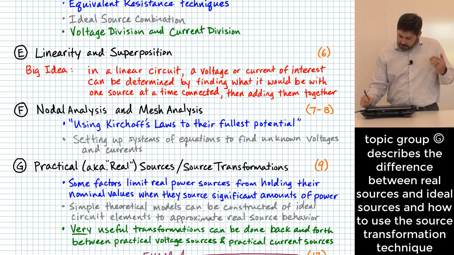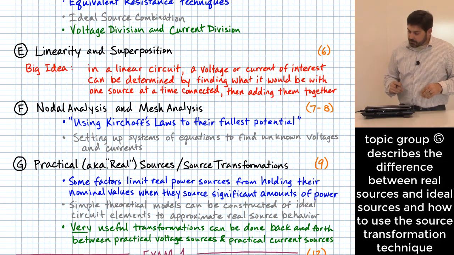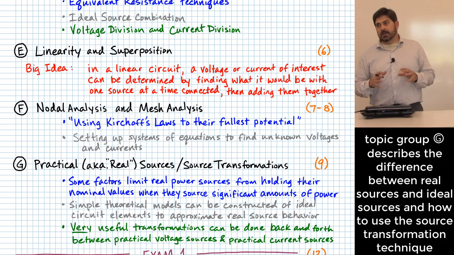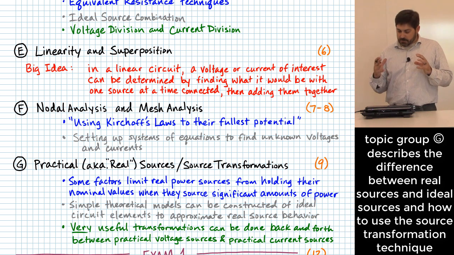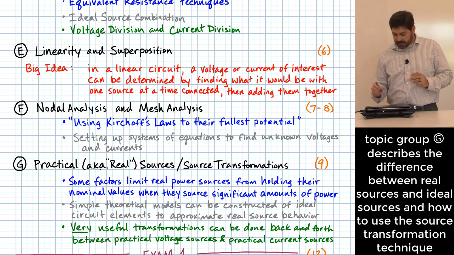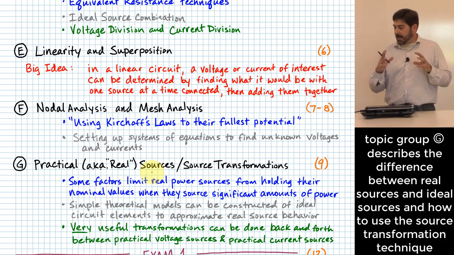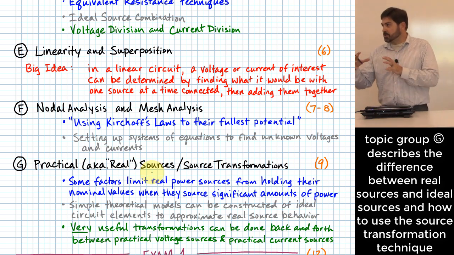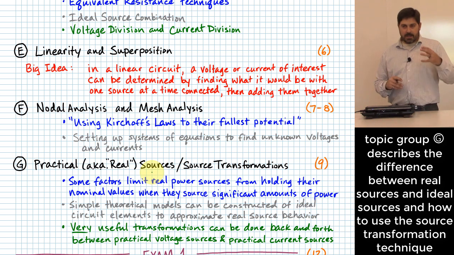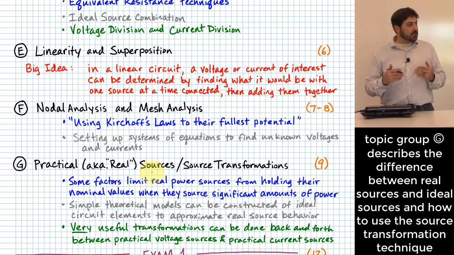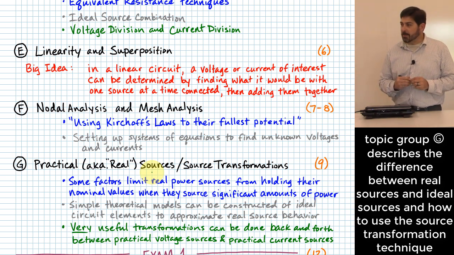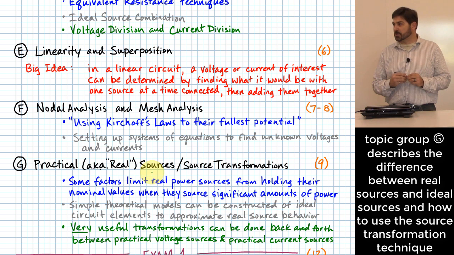After that, we get into another very useful technique that is called source transformation. What I've got listed here is the idea of practical sources, and what we can do is called source transformations. The underlying idea is that when you have a real voltage source of some kind, earlier I alluded to the idea that maybe a battery wasn't really a voltage source, okay?